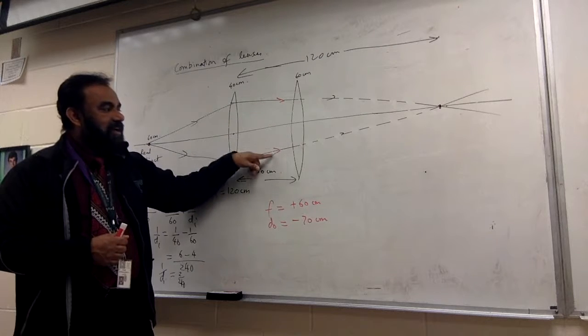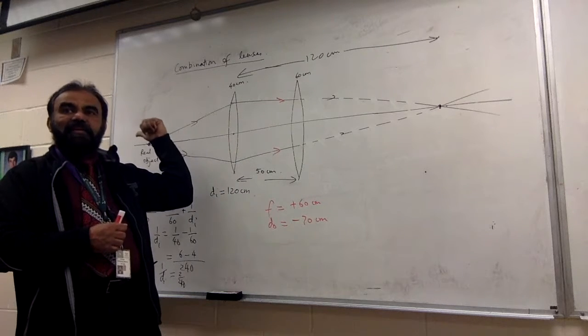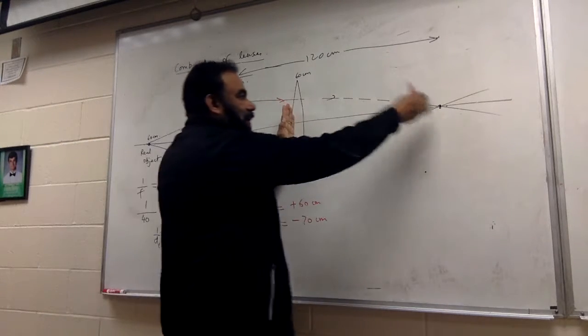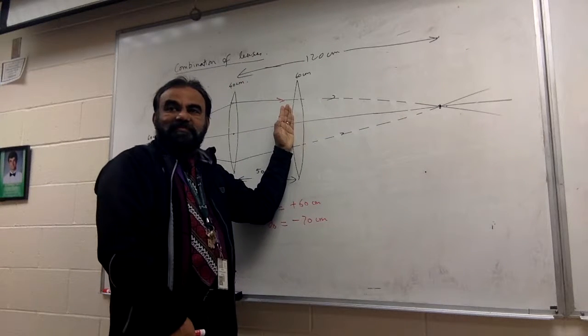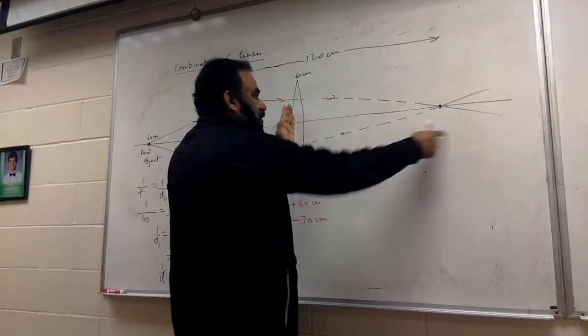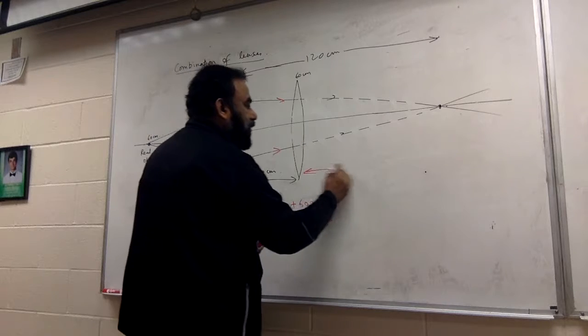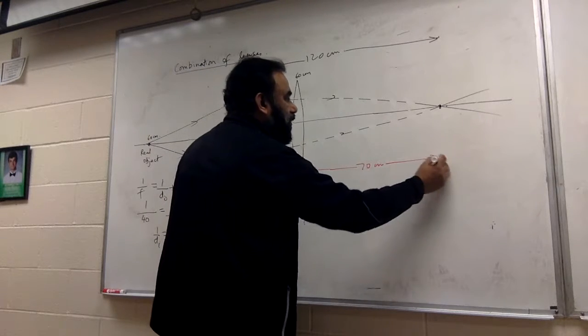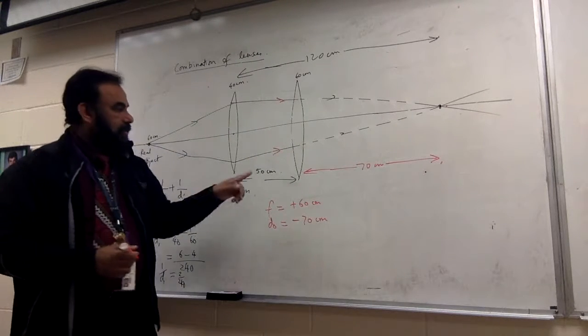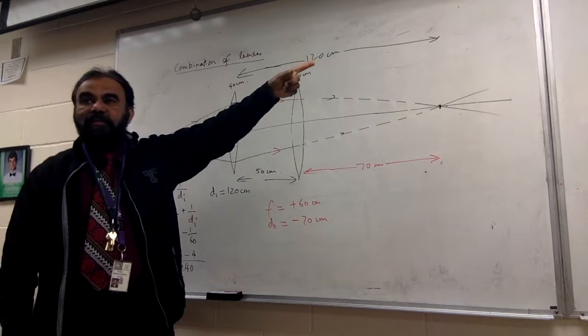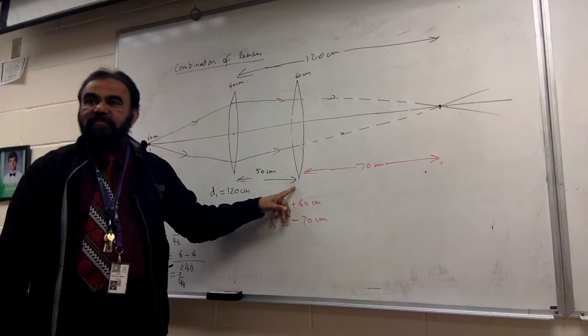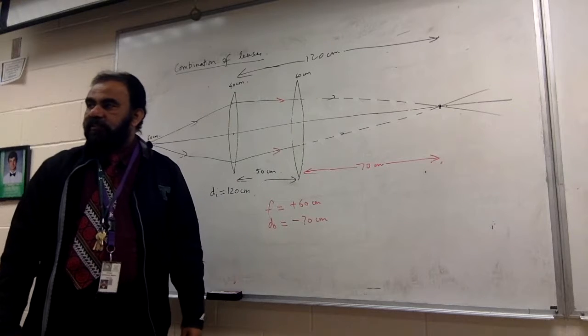Because these are not definitely coming from this side, but they appear to be hitting here. How far is this distance? 70 centimeters. How do you know that? Because you know the whole distance is 120, and the distance between the lenses is 50, so that is 70. Do you get it?